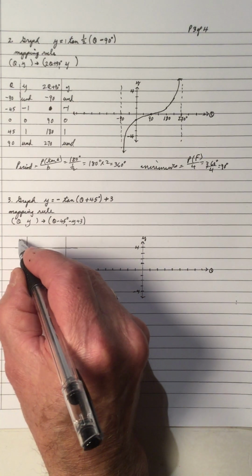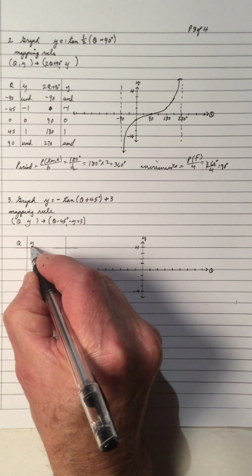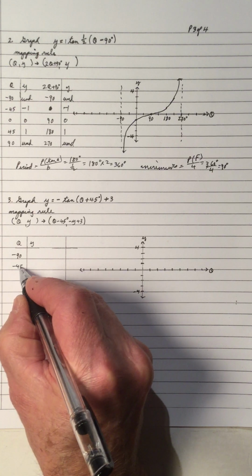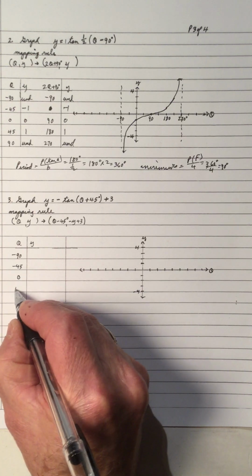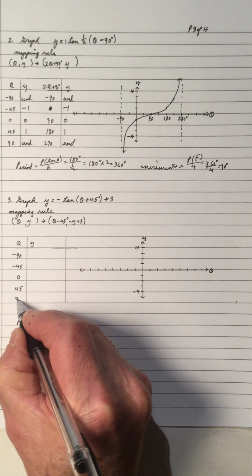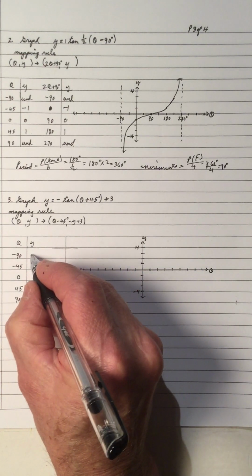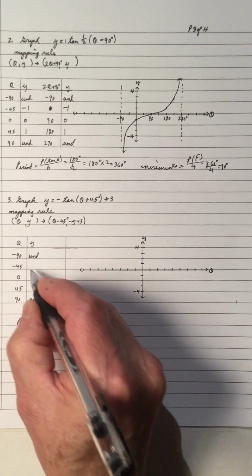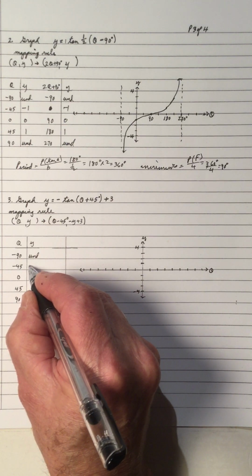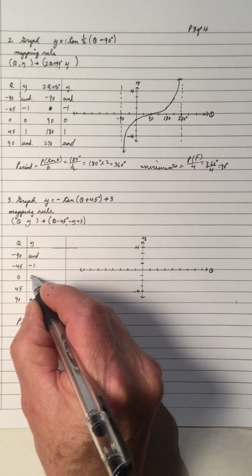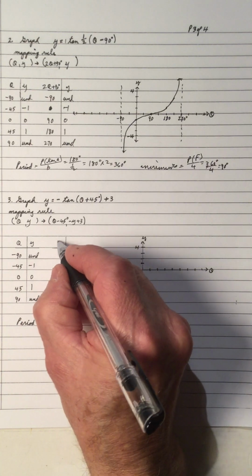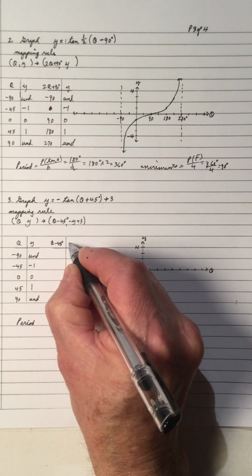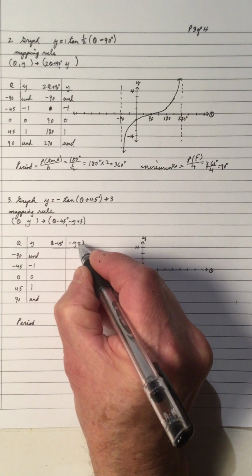And the table of values for the basic theta and y, again, negative 90, negative 45, 0, 45, 90. You have to memorize it. Undefined, undefined, negative 45 tan is negative 1, 0, 1. And this is theta minus 45, and this is negative y plus 3.